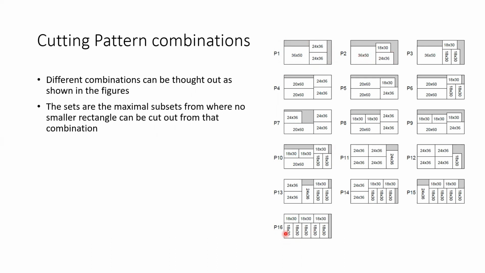In pattern 16, there would be 5 plus 3, 8, 18 cross 30 sheets that can be cut out. So the problem in hand is: what would be the least number of larger sheets which can be used to satisfy the order.